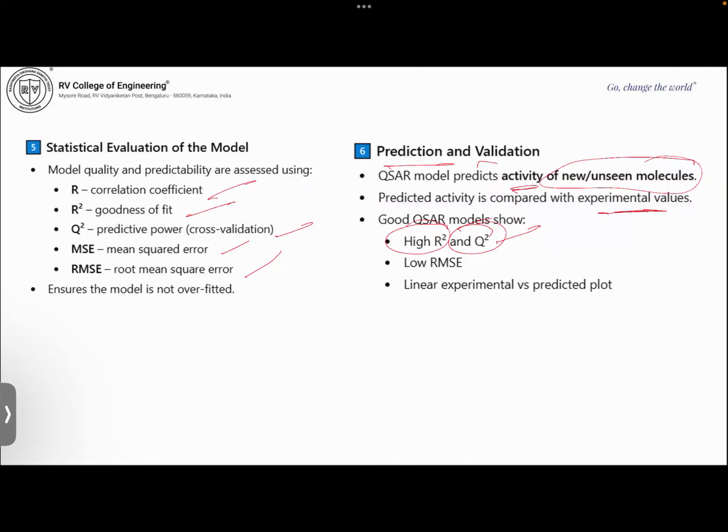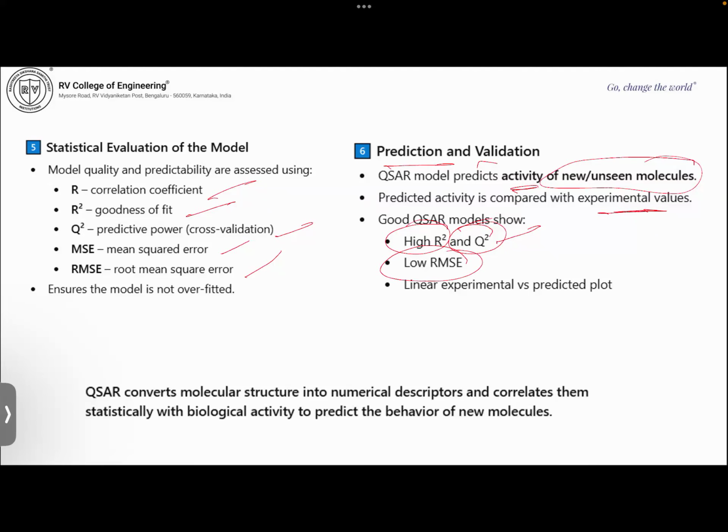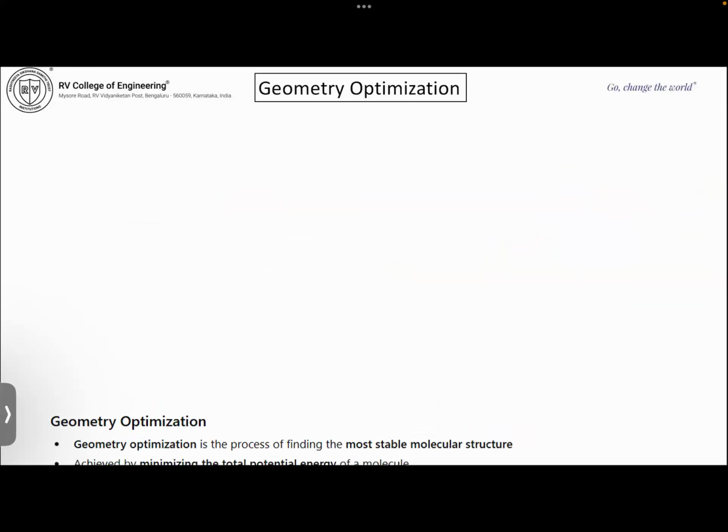Then that QSAR model is the best one, with low RMSE, low root mean square error. The plot of experimental versus predicted activity explains how good that QSAR model is. So overall, QSAR converts the molecular structures into numerical descriptors and correlates them statistically with biological activity to predict the behavior of new molecules.